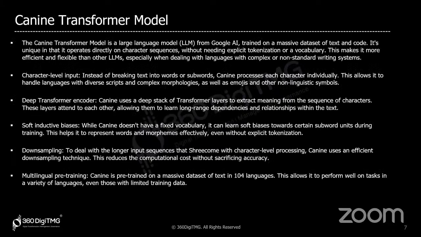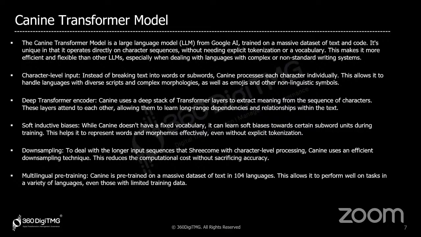Then there is the Canine Transformer Model. The Canine Transformer Model is a large language model from Google AI trained on massive datasets of text and code. Earlier, T5 was on only text, and now this Canine Transformer Model is on massive datasets of text and code also.